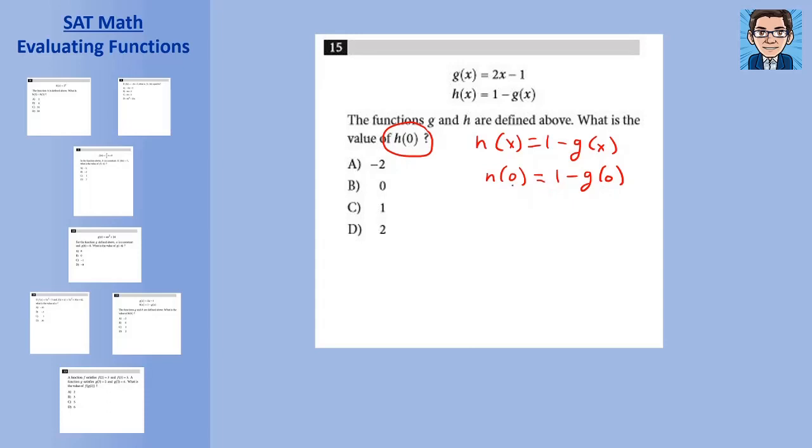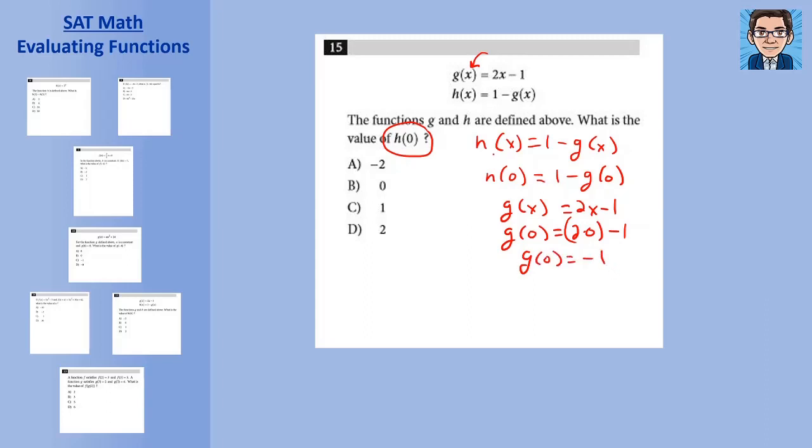But now in order to get this, we've got to find out what g of 0 is, so we just have to put 0 into this. So if g of x is 2x minus 1, then g of 0 is going to be 2 times 0 minus 1, or g of 0 is negative 1.